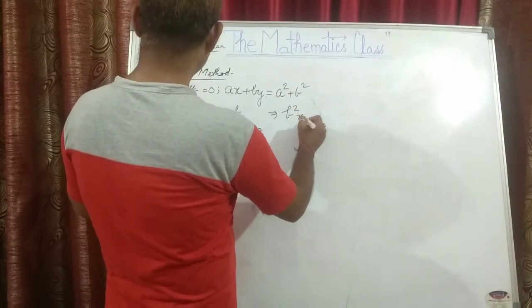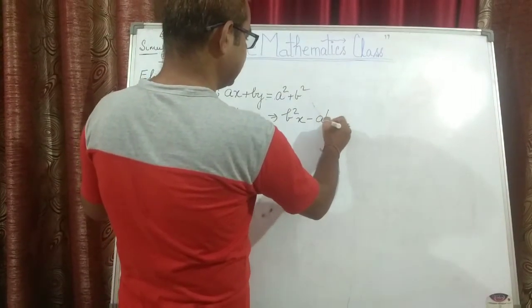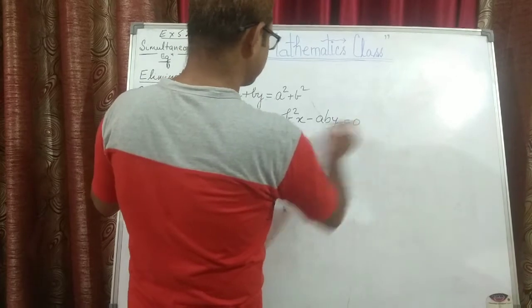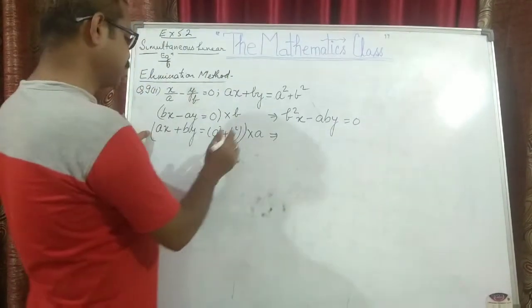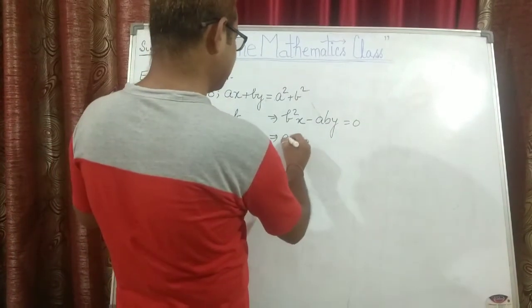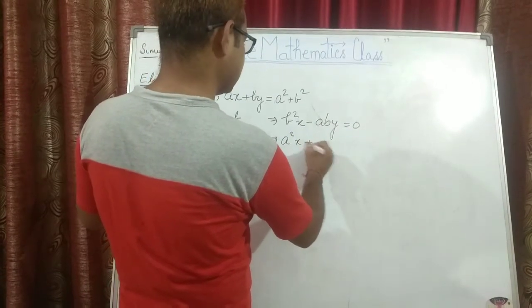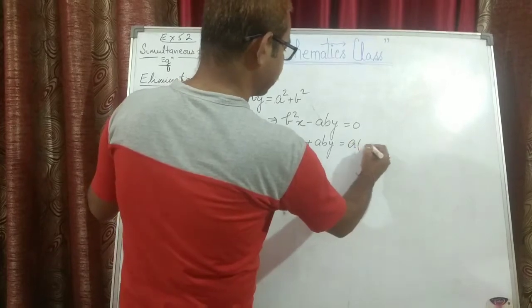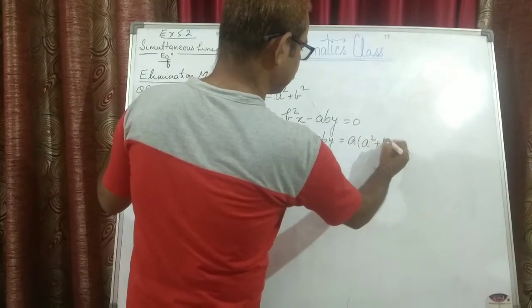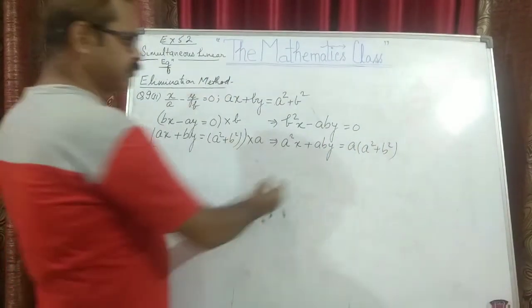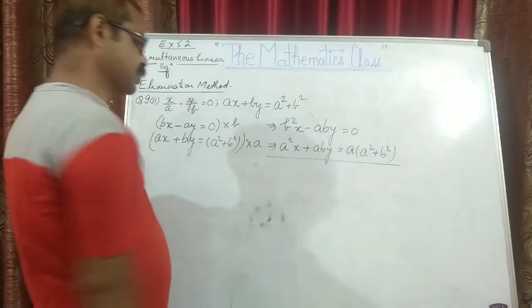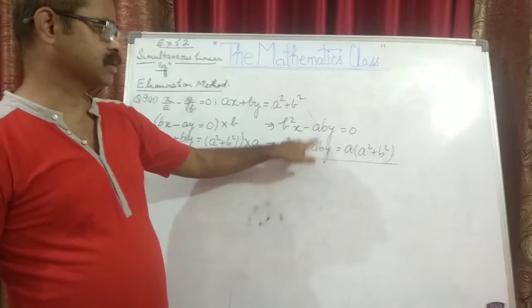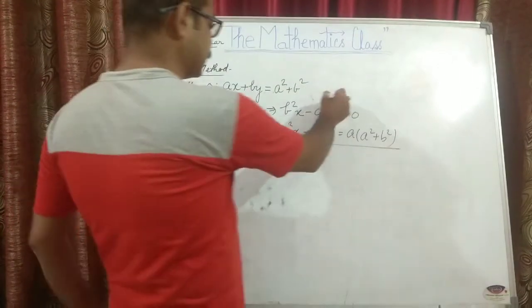b square x minus aby is equal to 0. And in the second equation, if you multiply, it will become a square x plus aby is equal to a times a square plus b square. Now when we add these two equations, minus and plus, these values are equal, they will cancel.